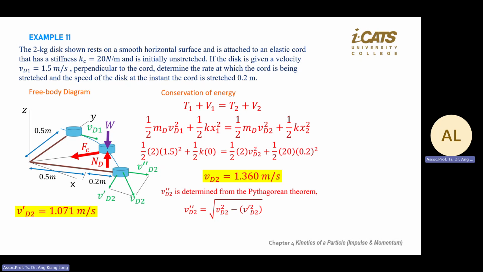This is your side, A, B, C. So C squared equals A squared plus B squared. This is 90-degree perpendicular. So the answer for V2 is 0.8.